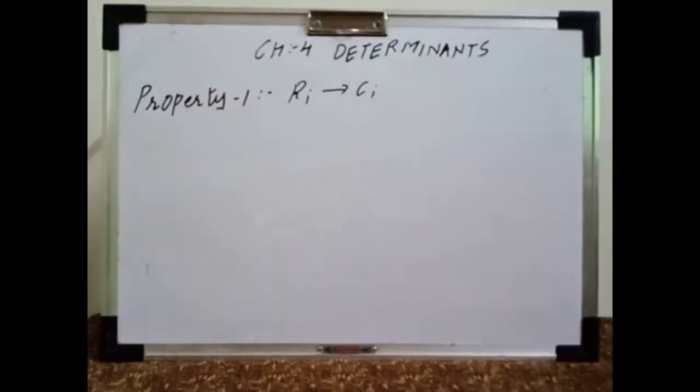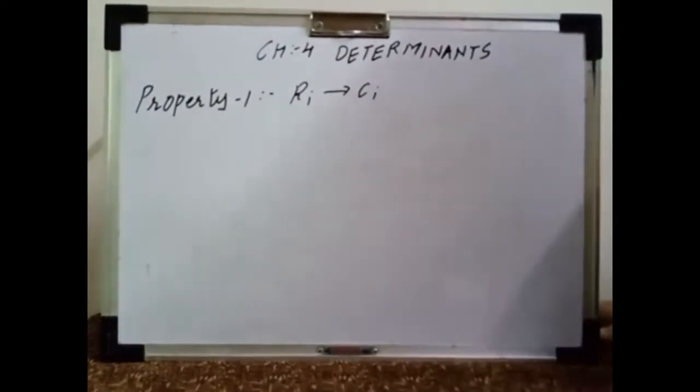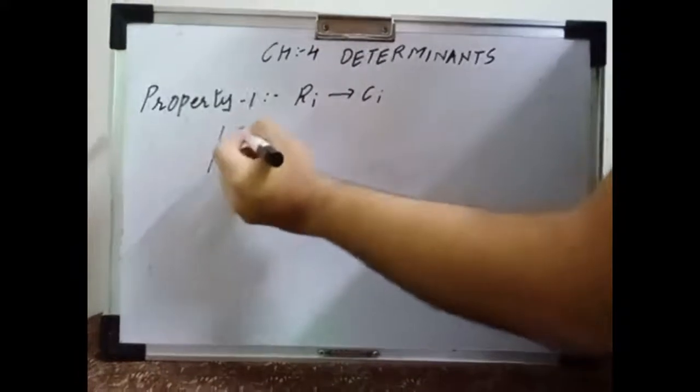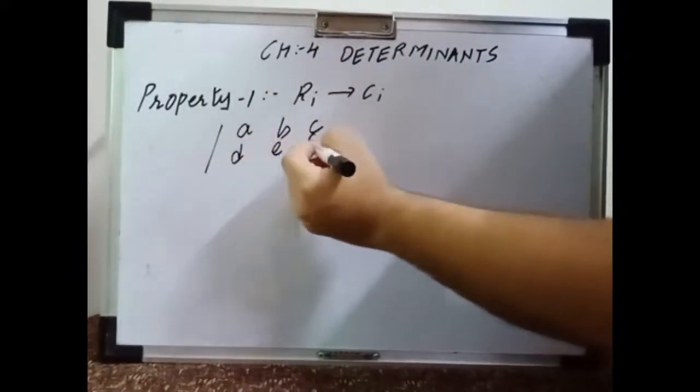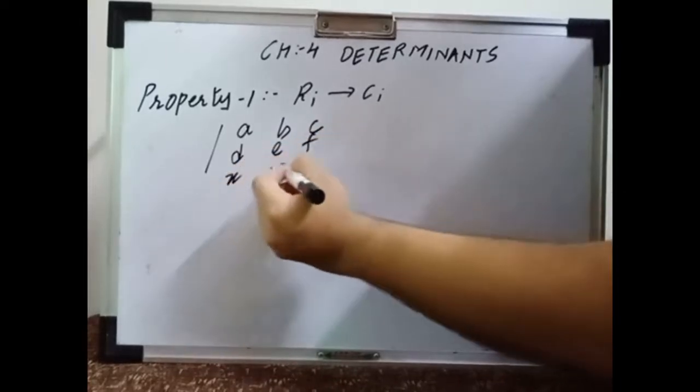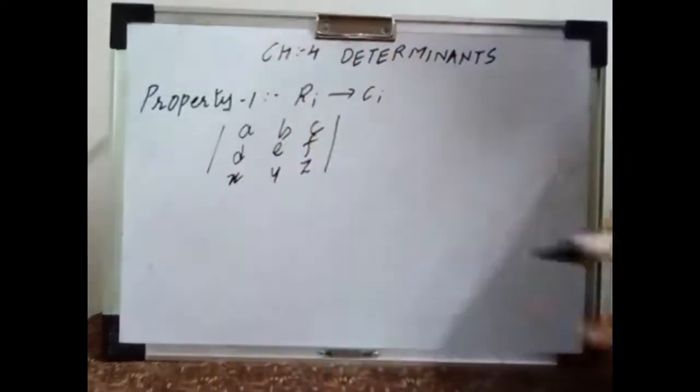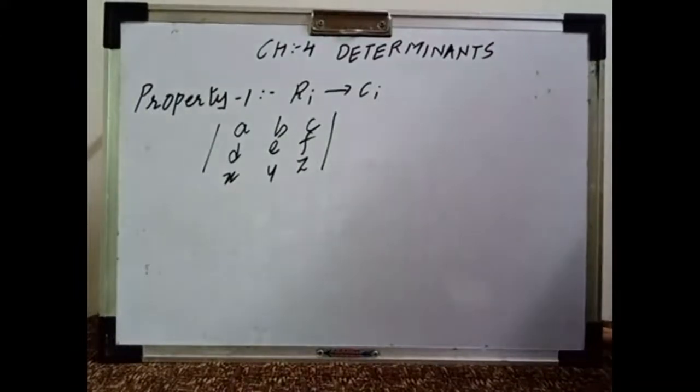Right. To understand it, let's take a simple example of a determinant with rows A, B, C, D, E, F, X, Y, Z. So this is your 3 cross 3 determinant.